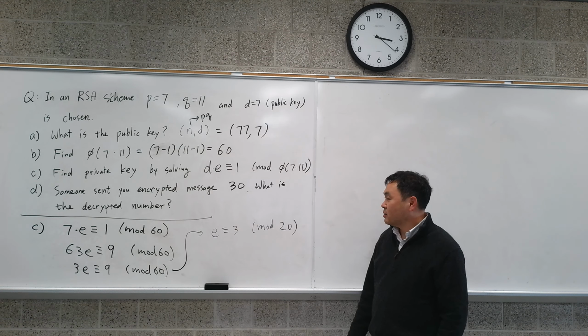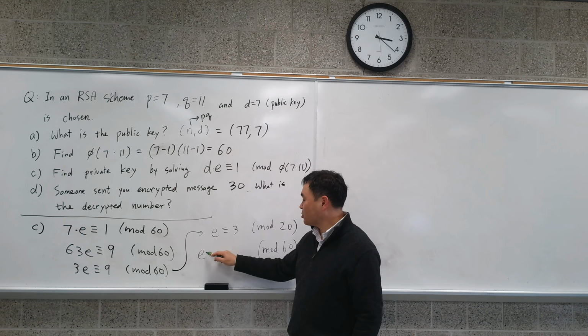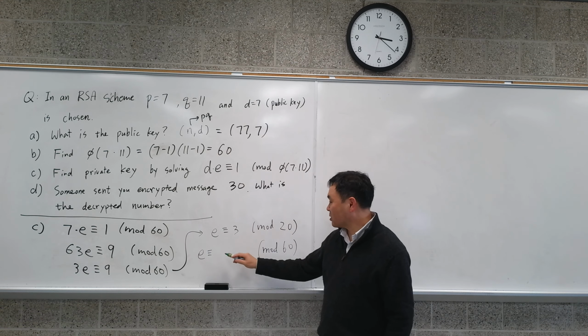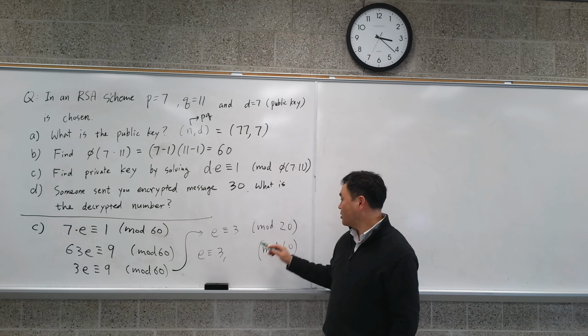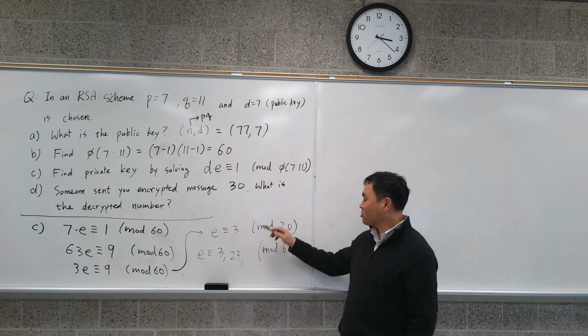So now, what does this mean? It means that in mod 60, E has several solutions. E could be 3, or 20 plus 3 is 23, 40 plus 3 is 43.